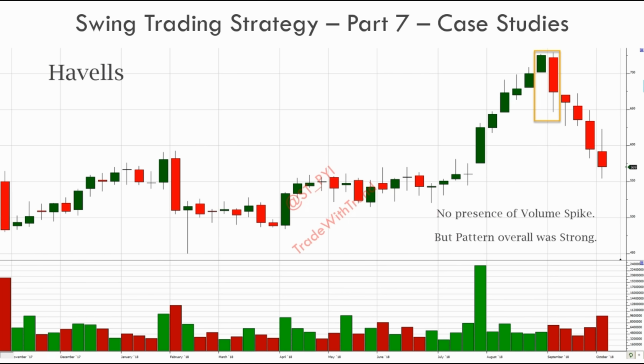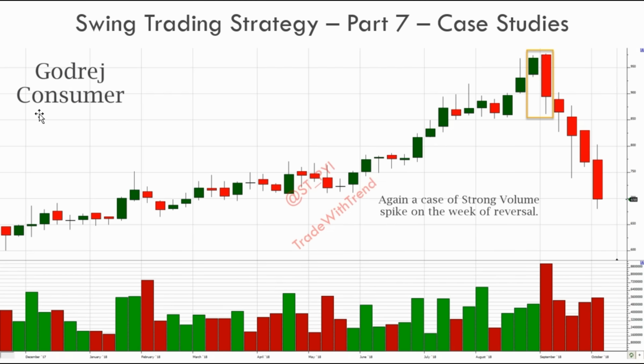But definitely if you see something like the next chart that again I'm going to show up, that is of Godrej Consumer. It's a pretty defensive stock, but look at how it reversed in September 2018. Again, a trend of 10-15% was in play. We got a high that is higher than the previous candle, a clear close below the low of the previous candle. But look at the volume spike that has happened.